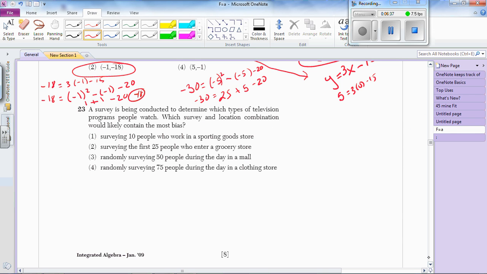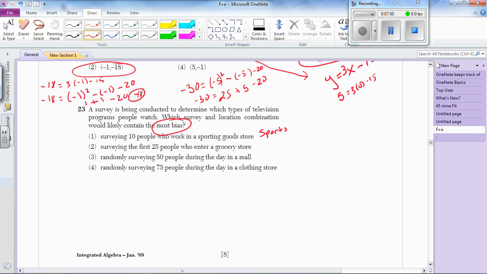Okay, survey is going to be most bias. Most bias means it just doesn't seem right. Something was collected wrong. You're going to get bad data. So if you want to know about what kind of television people watch, are you going to ask people in a sporting goods store? No, they will probably say they watch sports.